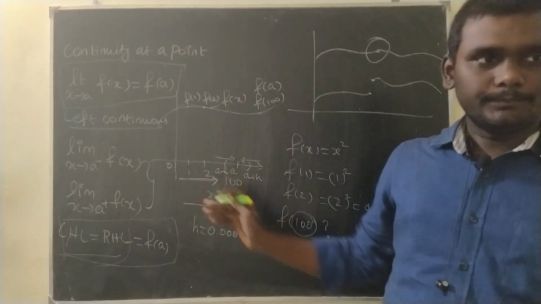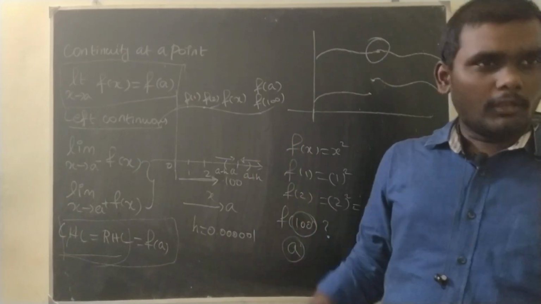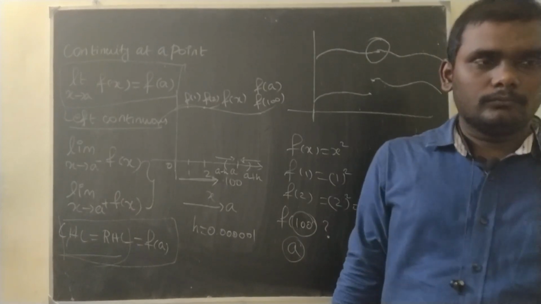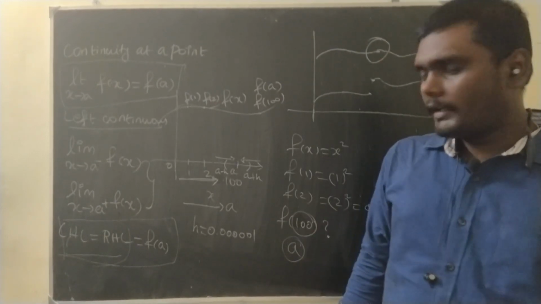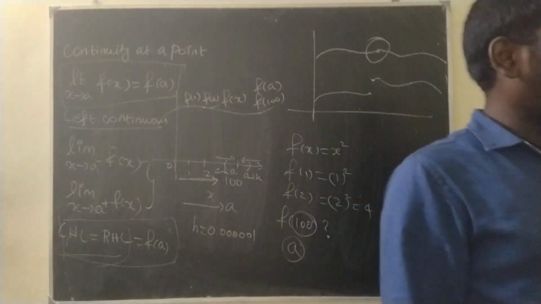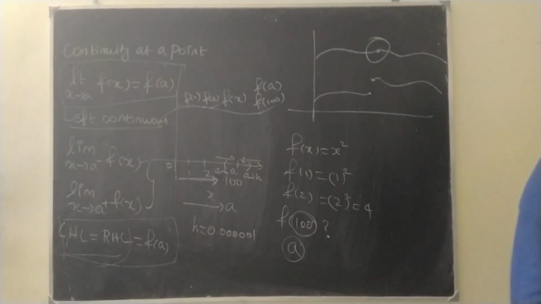Shall I erase everything? You understood or not? Yes, write these formulas. We have separate formulas for right hand limit as well as left hand limit. That formula also you can write if you want.